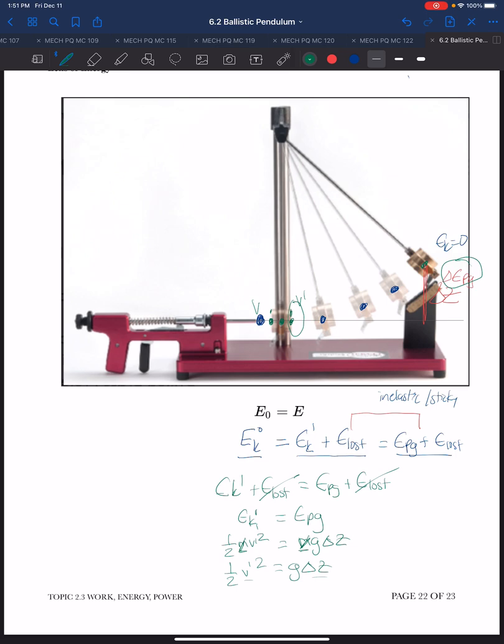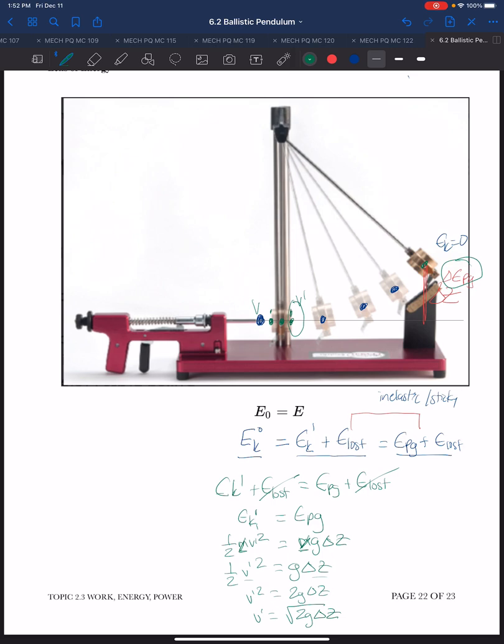So if we try to find this velocity afterwards, so we can determine the height, delta z, from using a couple techniques, which I'll show you. So the question then is, what is this v prime? Well, v prime squared then will be equal to 2g delta z, and then v prime will be equal to the square root of 2g delta z.